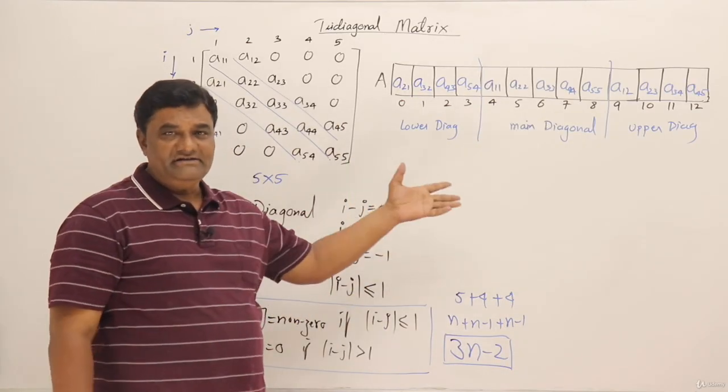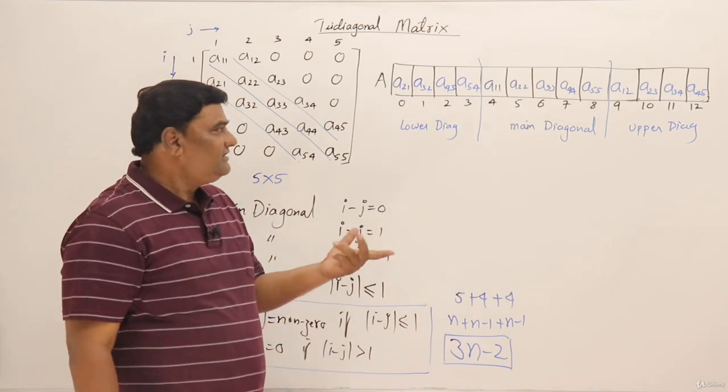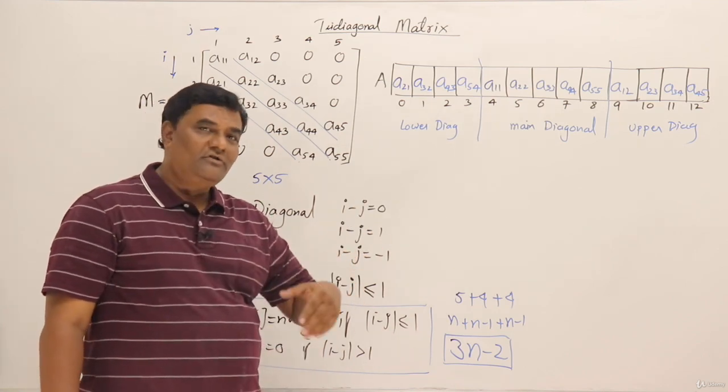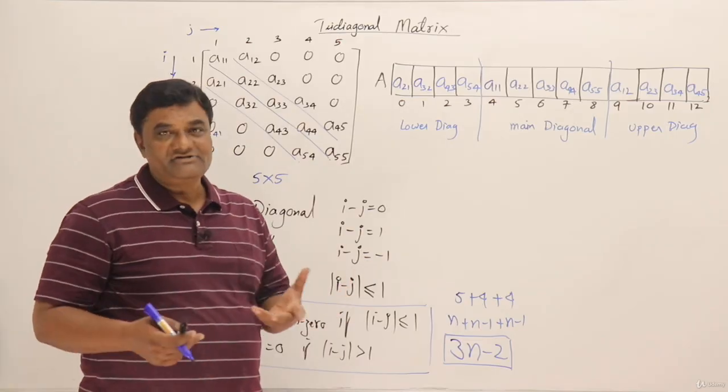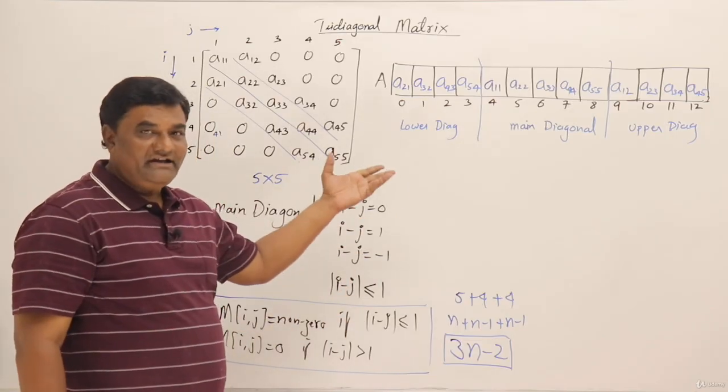Now how to map these? There must be some formula. We cannot come up with a single formula for all the diagonals; we have to handle them separately, going diagonal by diagonal.